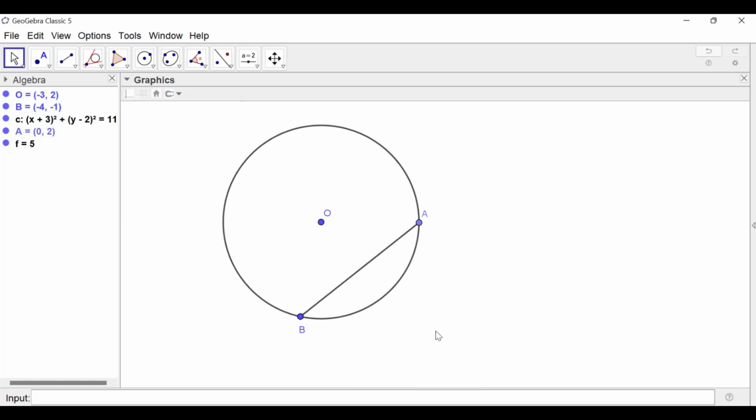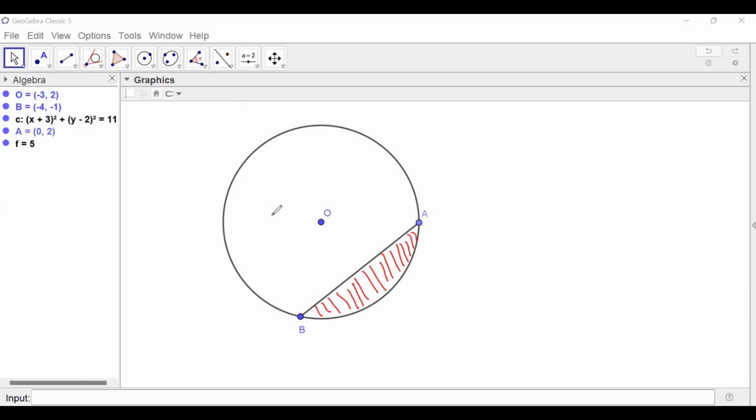Now, you will observe something here, that the chord AB has actually divided this circle into what we call segments. So this part of the circle that is cut off by the chord is called a minor segment or a smaller segment, right?